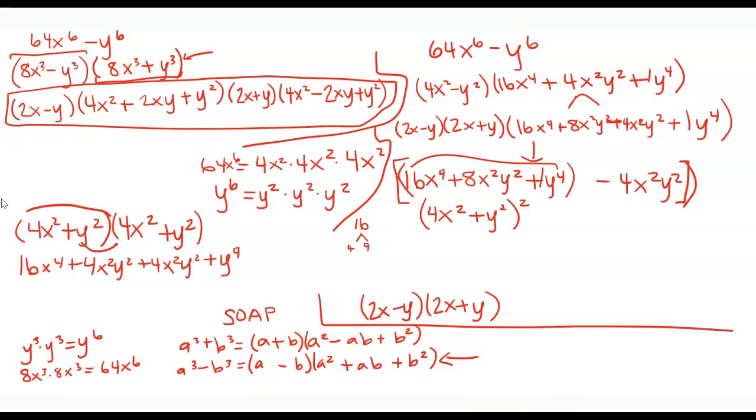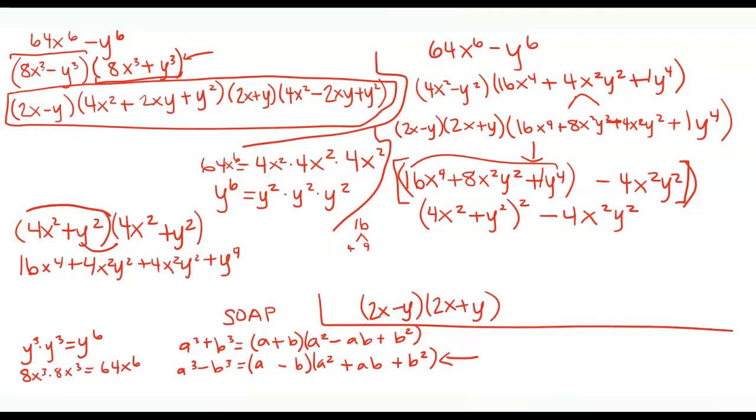Okay, so this will factor to 4x squared plus y squared all squared minus 4x squared y squared. Well, now that we've simplified to this point, we can see we have another difference of squares because we have a perfect square with this first term and a perfect square with the second term.